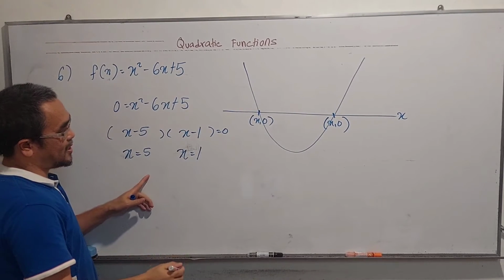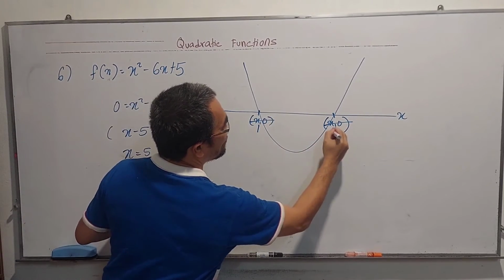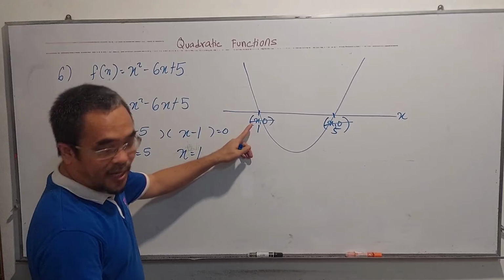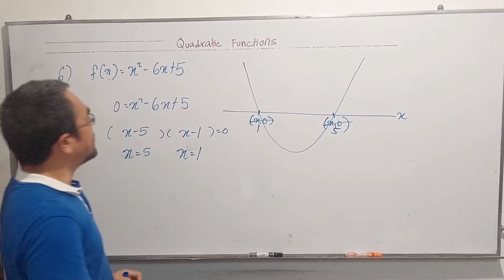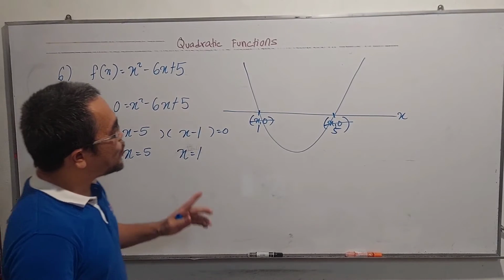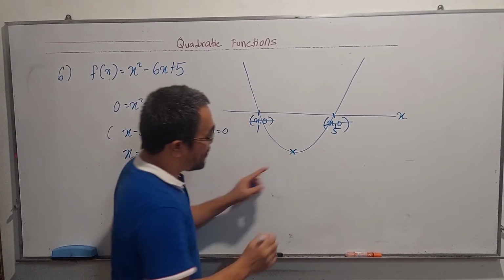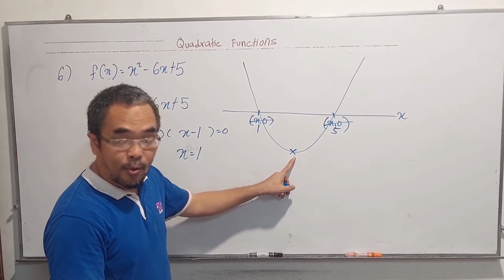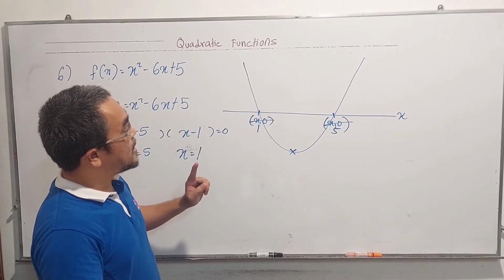So the roots are 1 and 5. The coordinates are still (1, 0) and (5, 0). Okay? Alright. And how do I get to the minimum? This is the coordinate of the minimum. They want this coordinate. What is this coordinate?